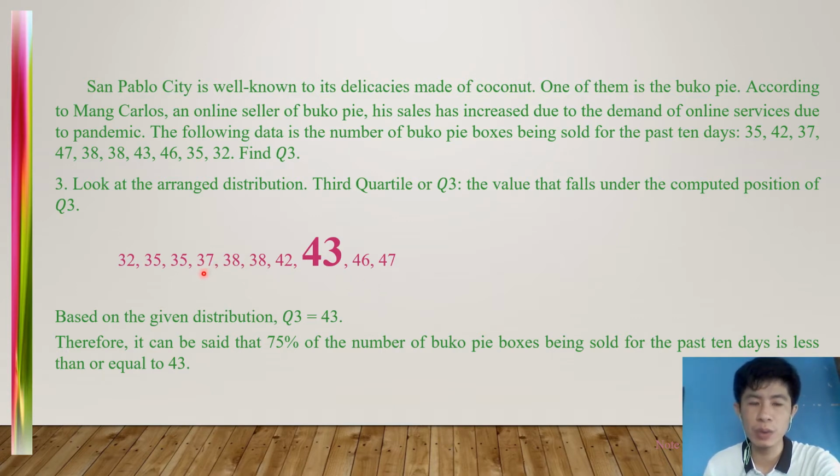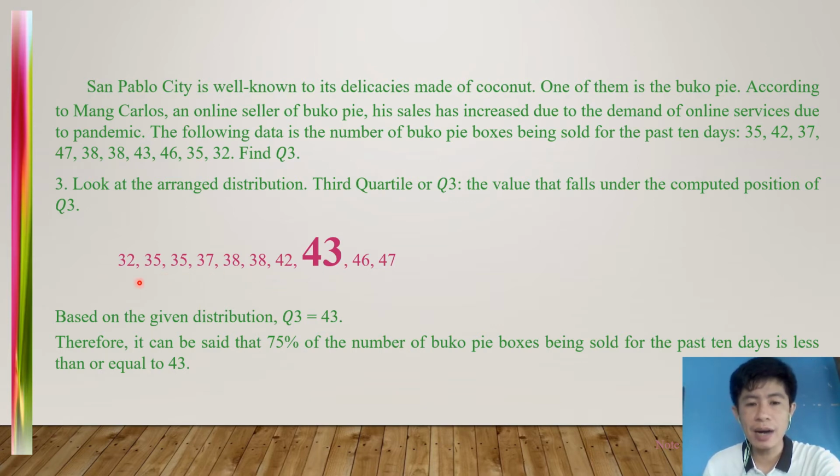Since we have solved that quartile 3 is located at the 8th position, we will count 8 numbers from 32. So we have 1, 2, 3, 4, 5, 6, 7, 8.